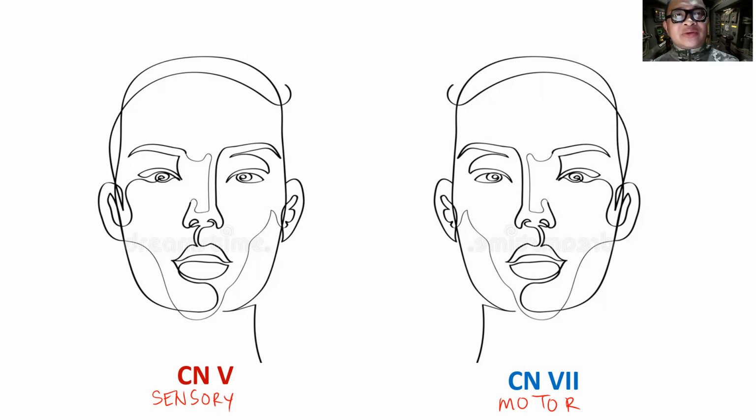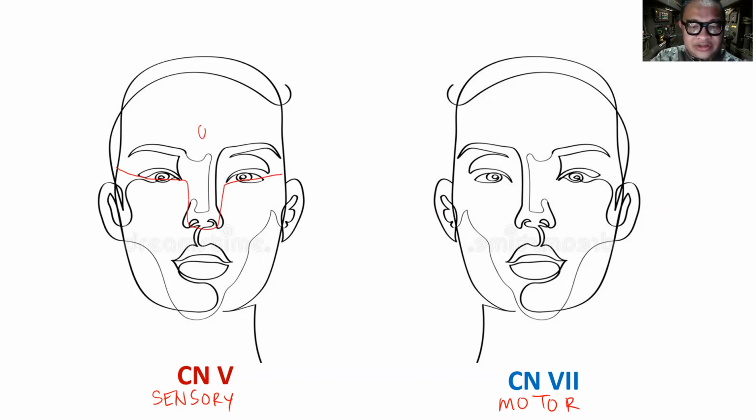When it comes to the face, cranial nerve 5 is all about your sensory function, sensation all over your face, whether that would be pain, light touch, thermal sensations, fine vibratory sensations. Cranial nerve 5 has three distinct branches. Now, the first one would be this.